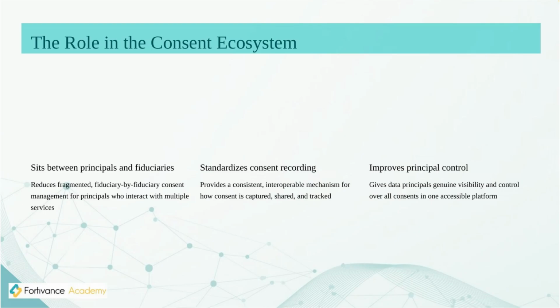Without a consent manager, every consent relationship is a separate, direct line between you and each company. You consent here, you consent there, and pretty soon you've lost track of who has what. It's chaos. The consent manager collapses all those scattered lines into one organized hub.